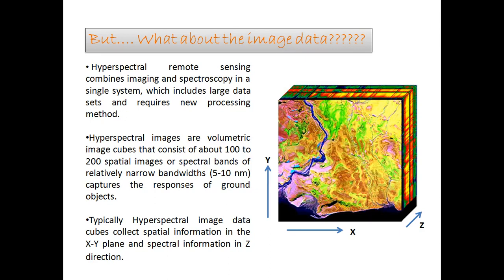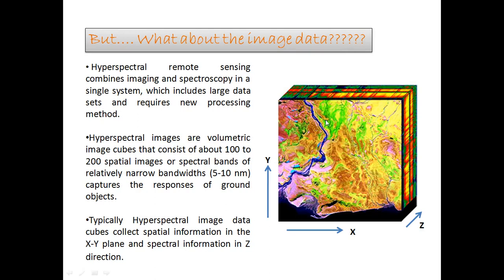The images are basically 3D volumetric cubes consisting of 100 to 200 or above spatial images or spectral bands of relatively narrow wavelengths, and this hyperspectral image data cube collects the spatial information in the xy plane and the spectral information in the z direction.